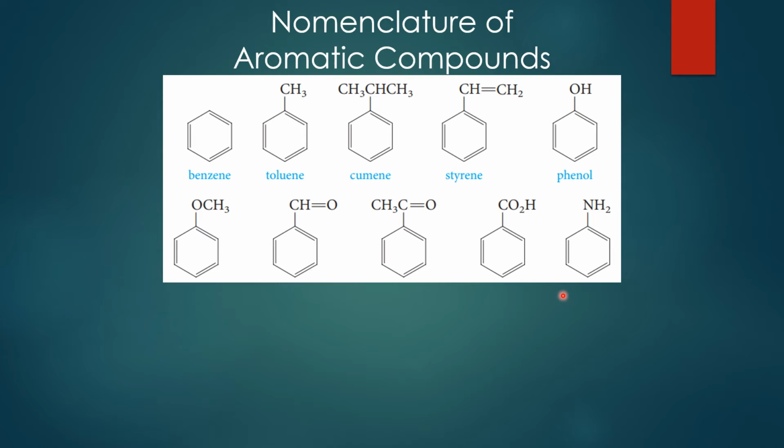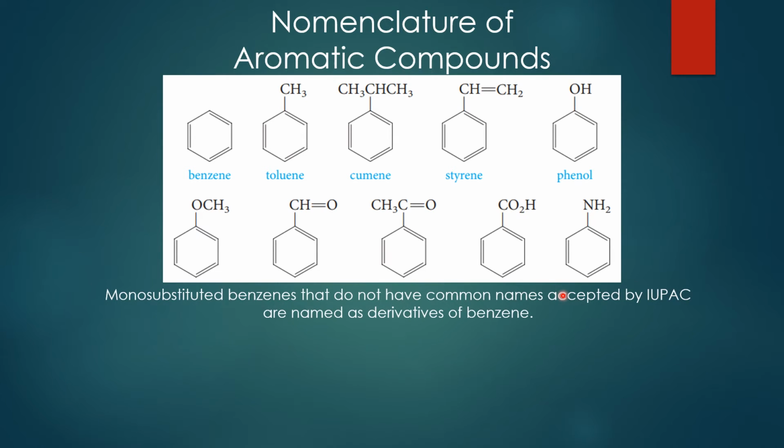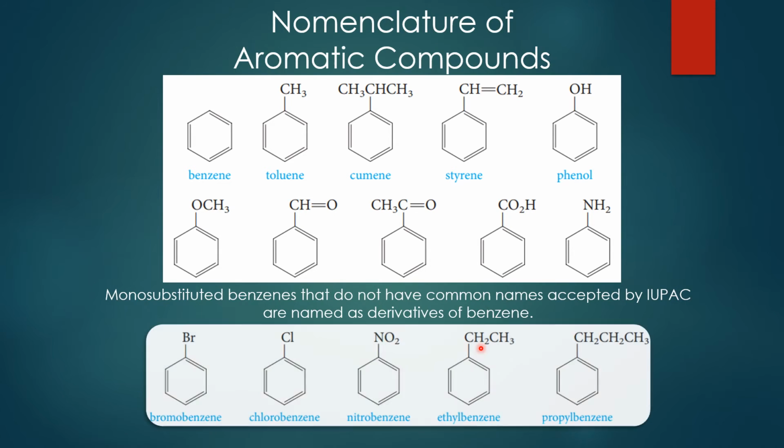Next, monosubstituted benzenes that do not have common names accepted by IUPAC are named as derivatives of benzene. For example, bromobenzene, chlorobenzene, nitrobenzene, ethylbenzene, propylbenzene.